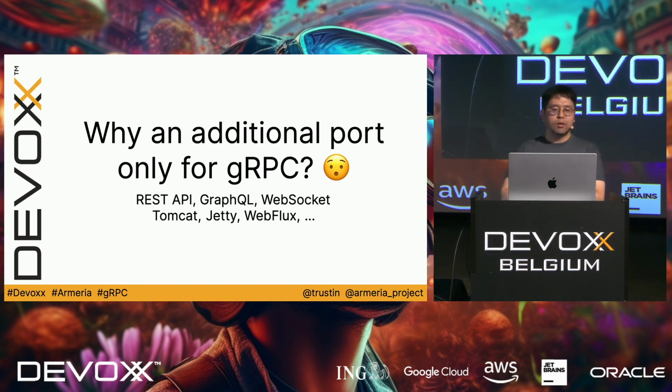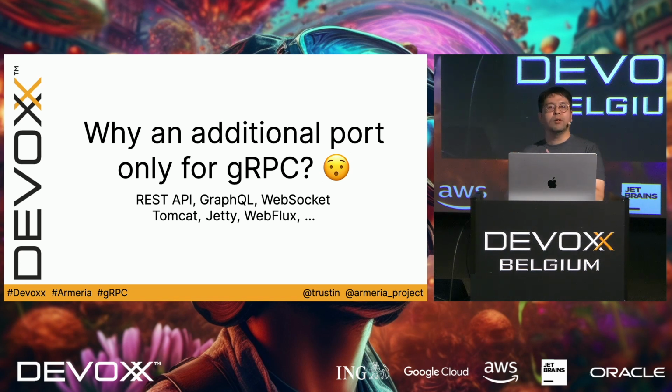Another shortcoming of most gRPC stacks is that they require another HTTP port. For example, let's say you already have an HTTP service, REST API service on port 8080, and you now want to add a gRPC service.